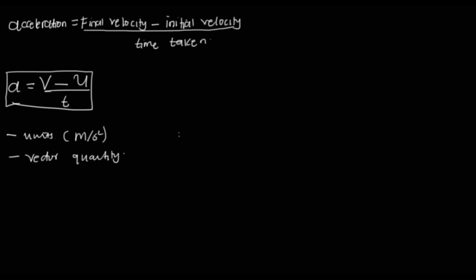Now there are also some formulas that we need to look at, known as the equations of motion. The first one, we can rearrange the first formula, and we have final velocity v is equal to u plus at.